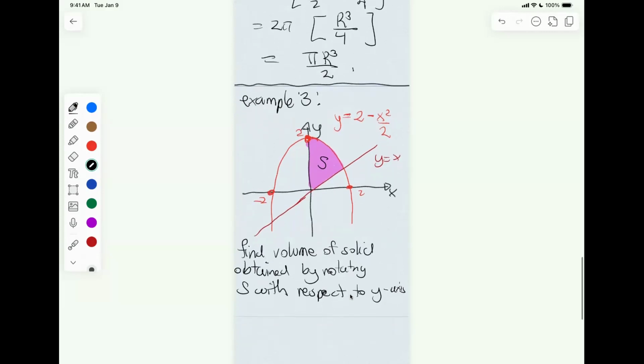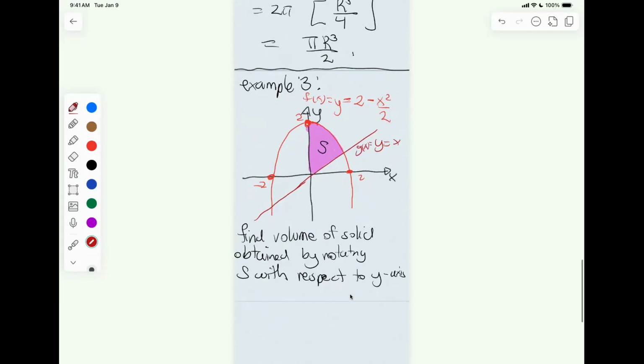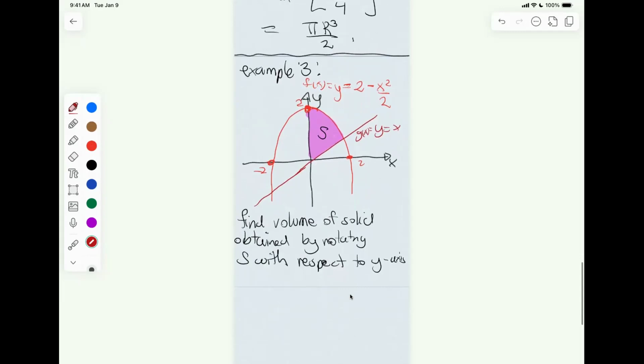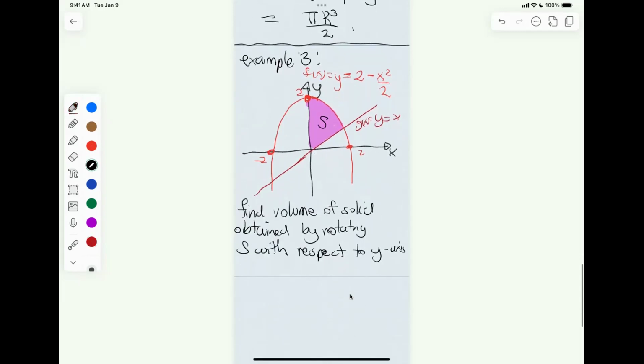So let me put some more. Let's call this one f of x, let's call the other one g of x. Sorry. So it kind of works. What I wanted to do with this example is just to show you that it more or less works in the same way which area between curves worked. So the volume would be the integral, and the important thing here is actually to find the bounds.